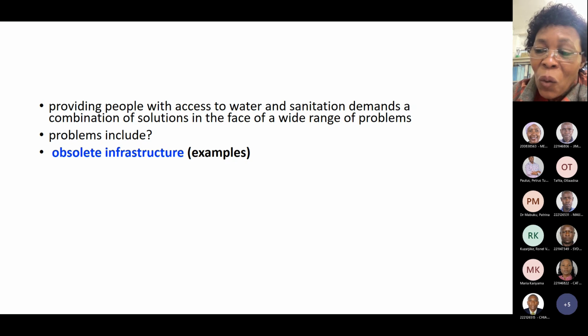The system remains the same, and in 1980, when it was put in place, it was expected to serve X number of people. But population keeps increasing year by year. So you find most of the systems are overwhelmed, and some reach a point where they become obsolete. So that is one of the problems that water and sanitation systems face.